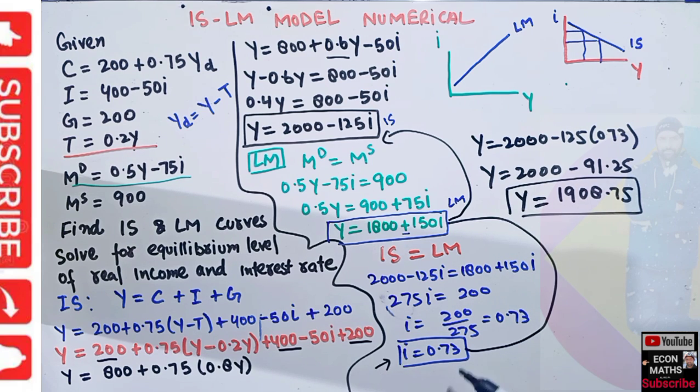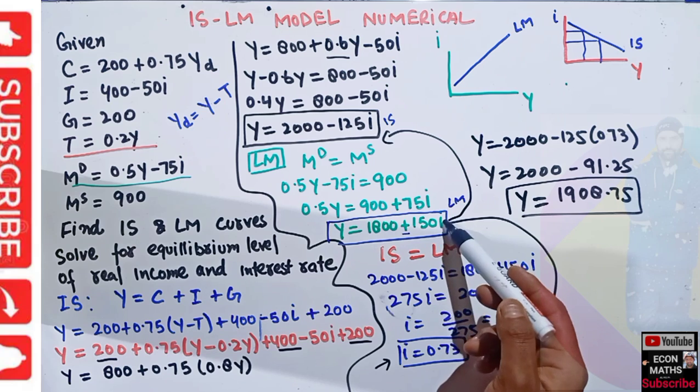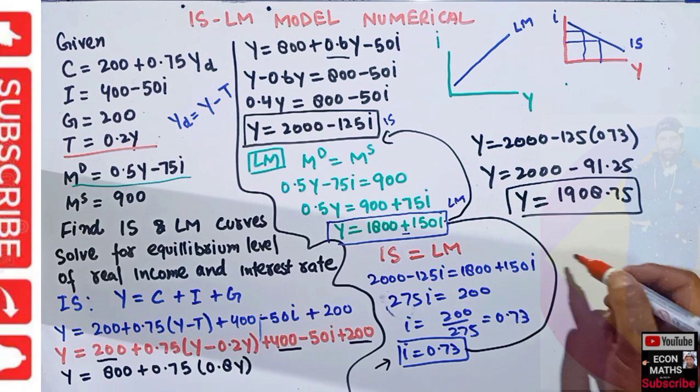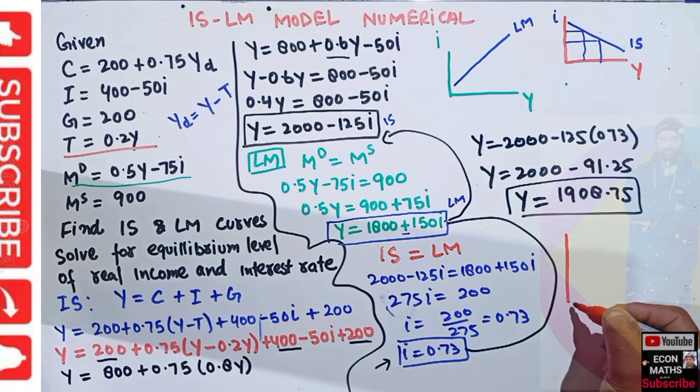This denotes the equilibrium level of rate of interest. This is our LM equation, this is our IS equation. And graphically, what exactly is meant by this? Simultaneous equilibrium means when both goods and money market are in equilibrium. We have the level of GDP on the horizontal axis and rate of interest on the vertical axis.